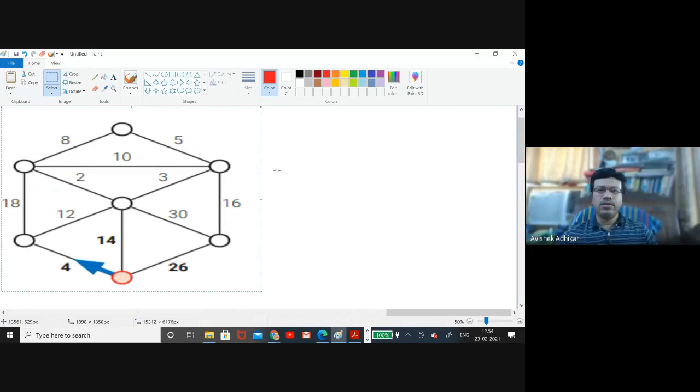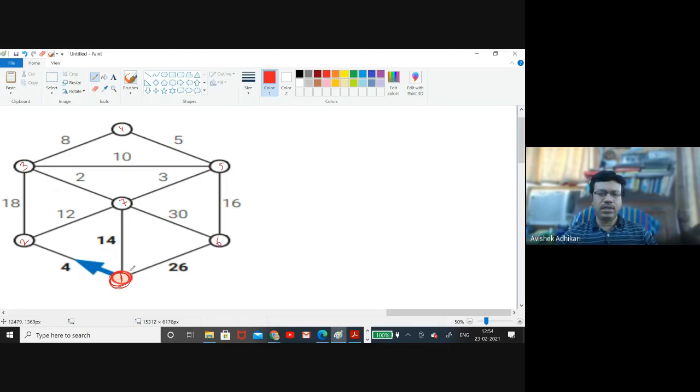Okay. So let's start with any point, say this point. For the time being, let's start with this point. So this is our 1, this is our 2, 3, 4, 5, 6, 7. Start with this and try to find all the vertices from where you can go through some edge.